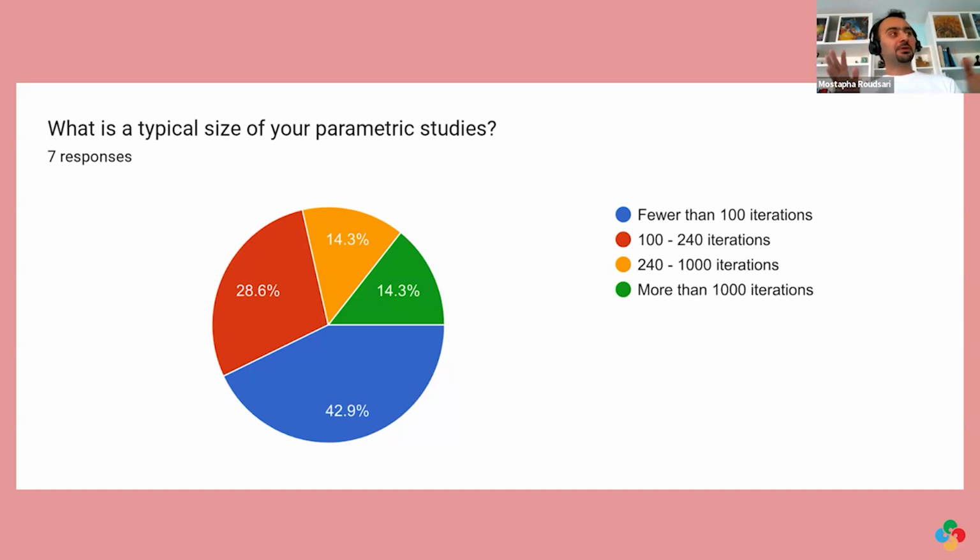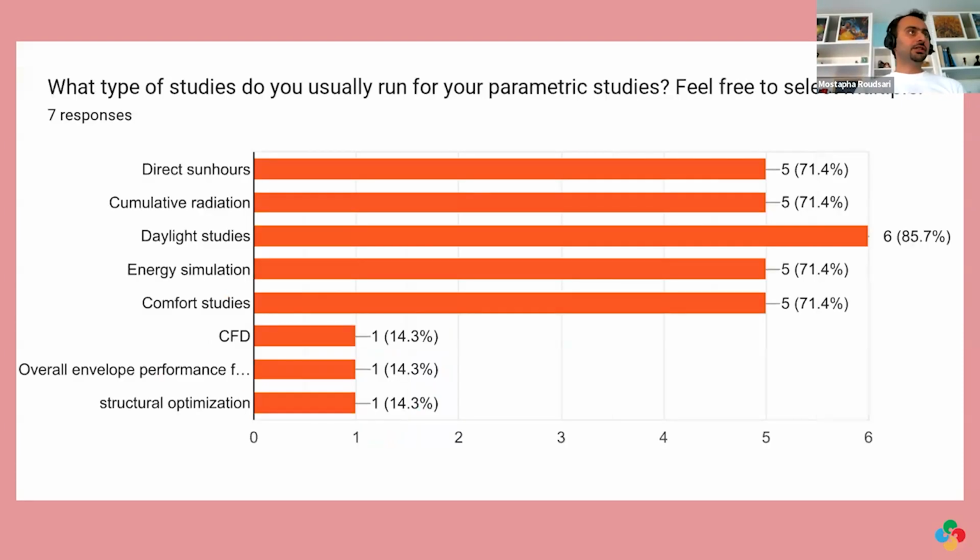Somewhere between 100 to 240, or 240 to 1,000, is usually reasonable and very doable right now with Pollination. So this was, what are you interested to run? We are not going to cover CFD or overall envelope or structural optimization, but all the ones that we have in the top 5 are possible.